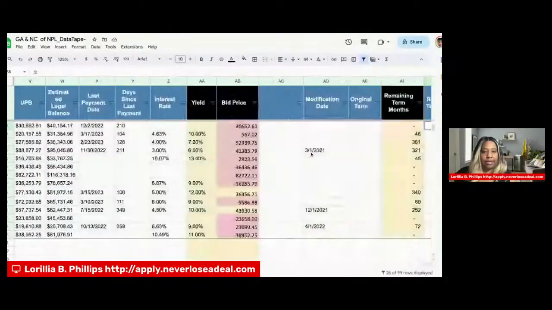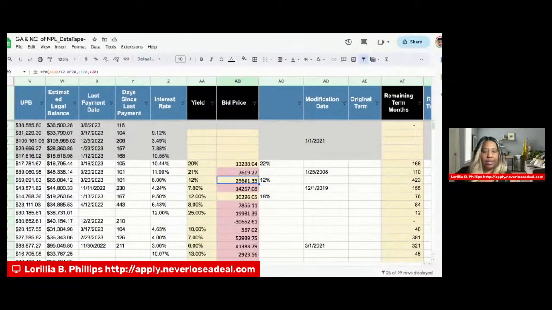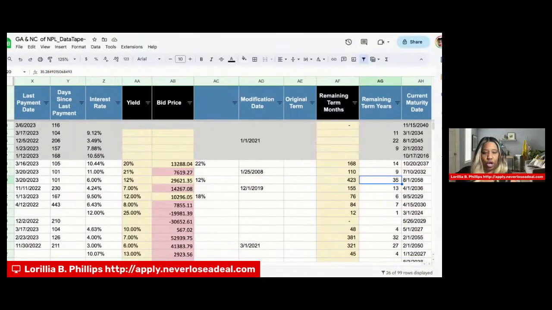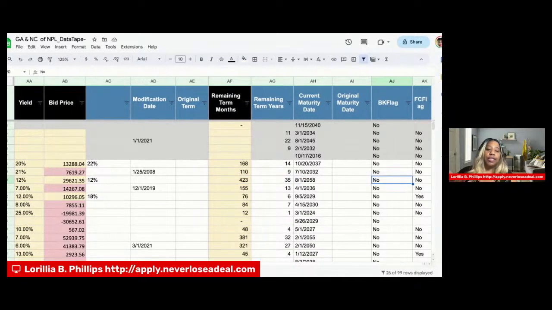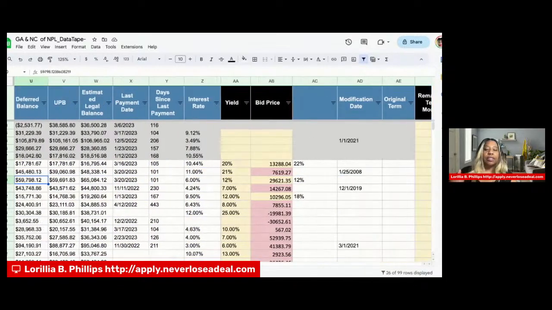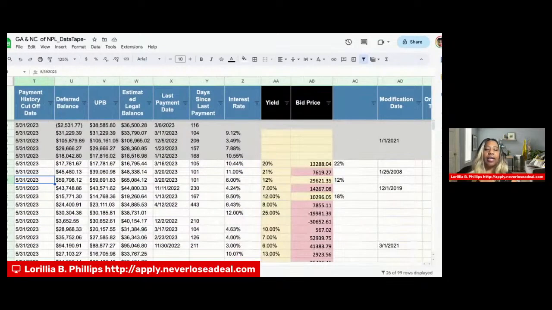I didn't get the original term because, as you can see, the remaining term is 423 months, which is pretty much 40 more years. So I'm curious to know what type of original term was made. And the original maturity date is missing as well.